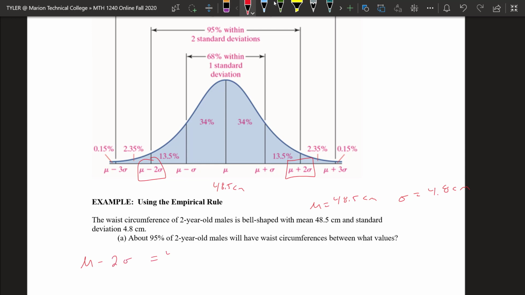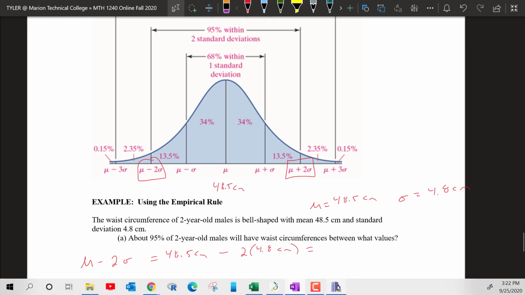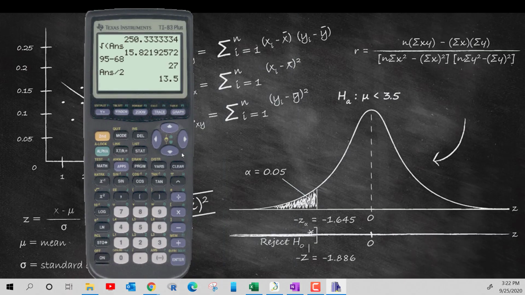So that would be 48.5 centimeters minus 2 times 4.8 centimeters. So we need to take 48.5 minus 2 times 4.8.